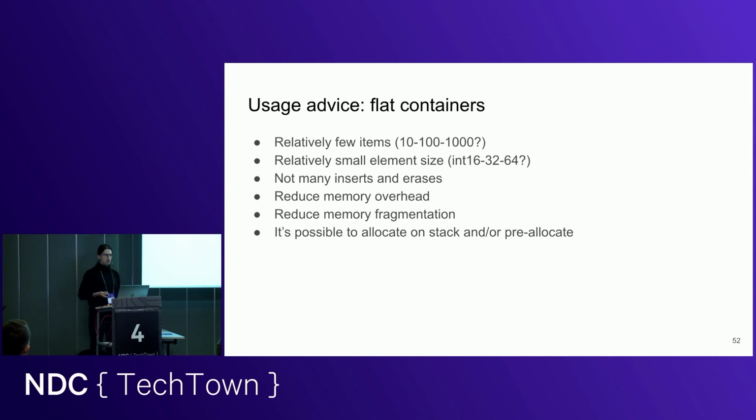So for the memory overhead, there are some benchmarks from Google, I believe, and they show that the memory overhead of flat containers is much less, especially if you use many of those containers in your program, than if you use standard maps or sets. It reduces memory fragmentation because it's most likely a contiguous container. It's one chunk of memory allocated at once.